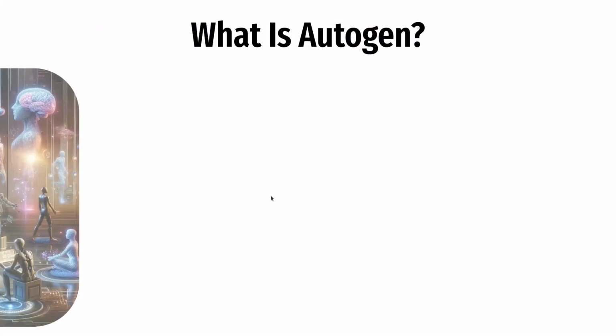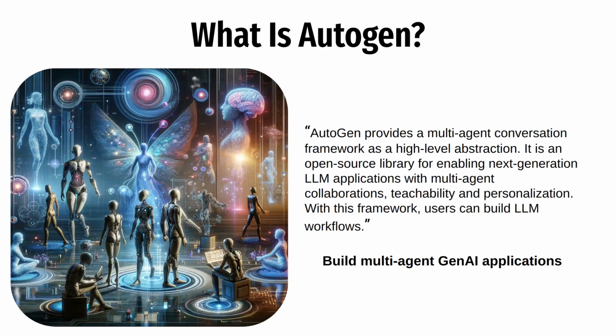Okay, so now let's first of all look at what is Autogen. This is a definition from the official Microsoft Autogen documentation page, on the very first page, autogen.com, I think. Autogen provides a multi-agent conversation framework as a high-level abstraction, right? It is an open source library for enabling next-generation LLM applications with multiple agents collaborating, teachability, and personalization.